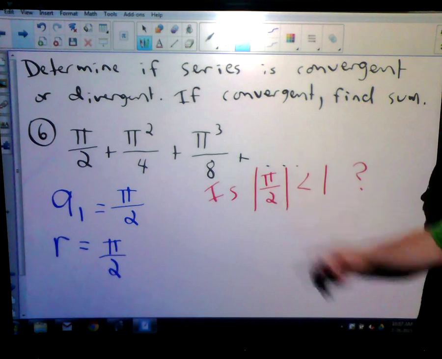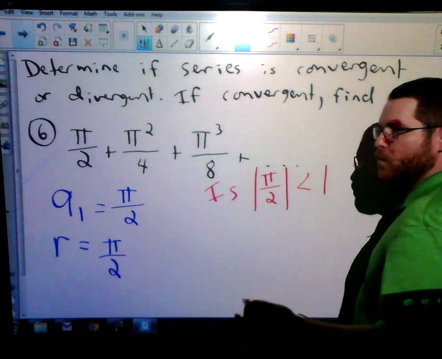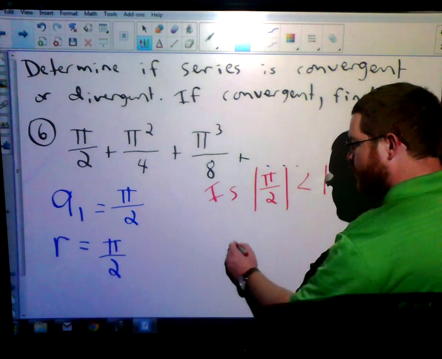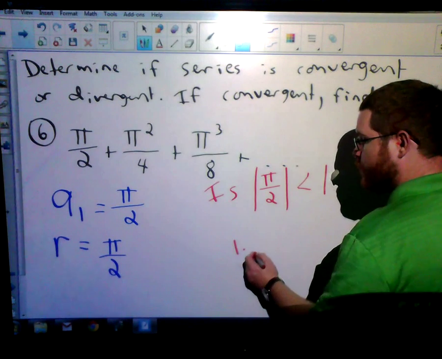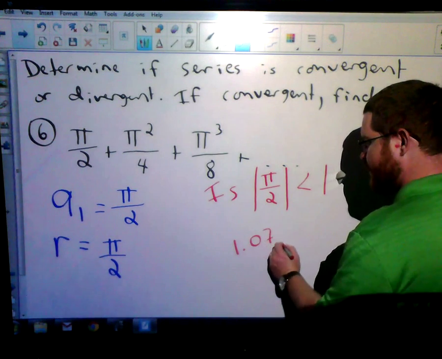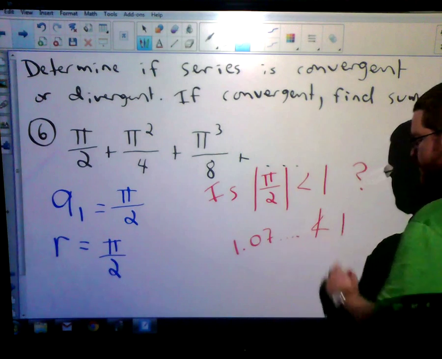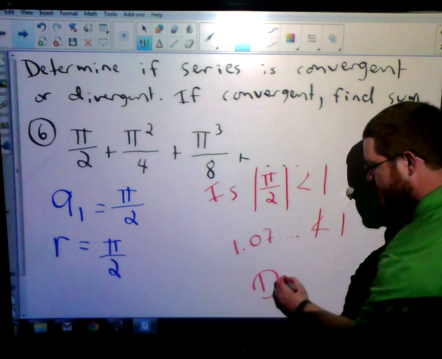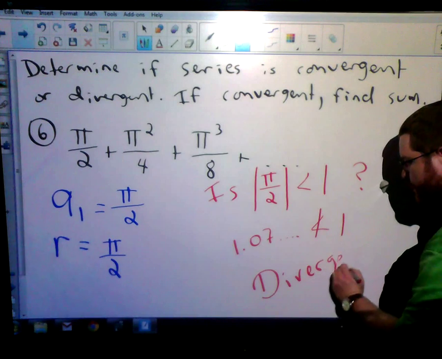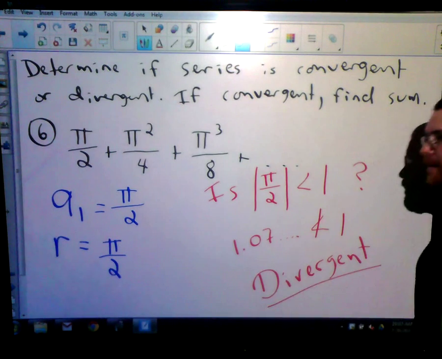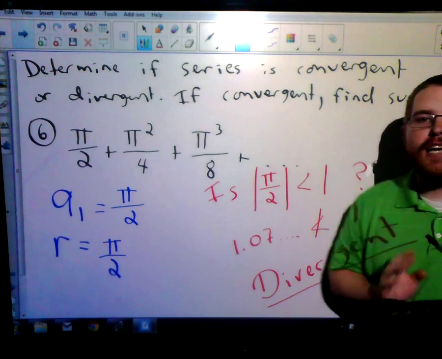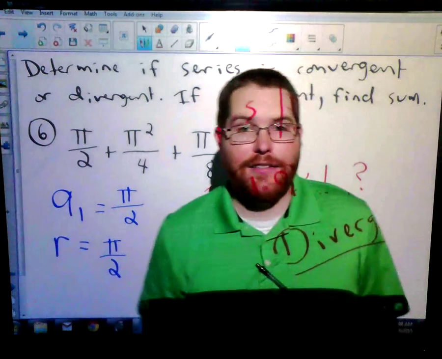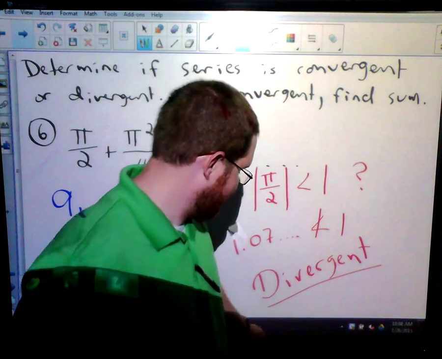Well, this is 3.14 divided by 2, so that's 1 point something. 1.07 something is not less than 1. So this is divergent. Be careful. If you plug into the formula, you will get an answer, but it's not the right answer because it's not convergent.